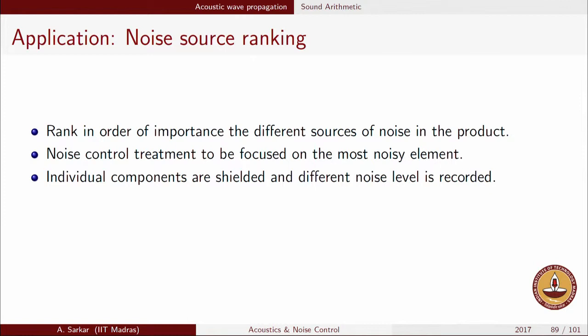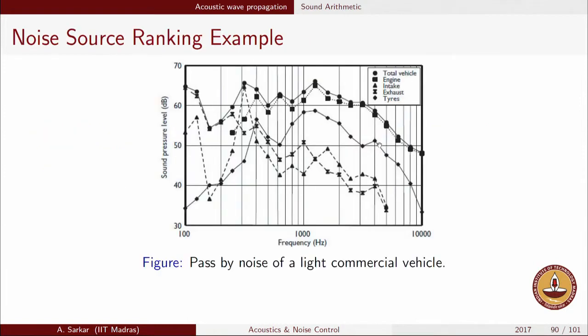So, this would be called measurement 2. So, using the dB subtraction rule, we will subtract measurement 2 from measurement 1, and as a result what we will get is the noise produced by the engine. In this fashion we can estimate the noise due to each and every product within the vehicle.